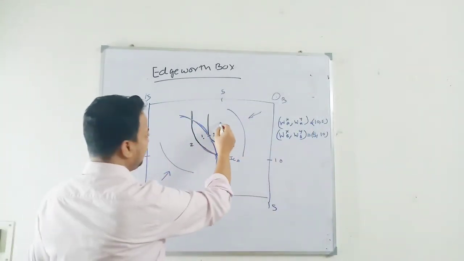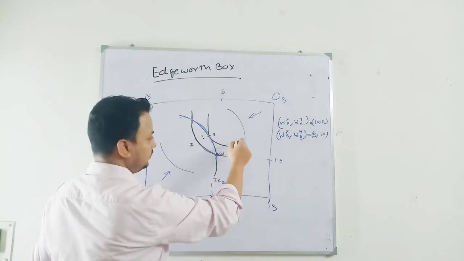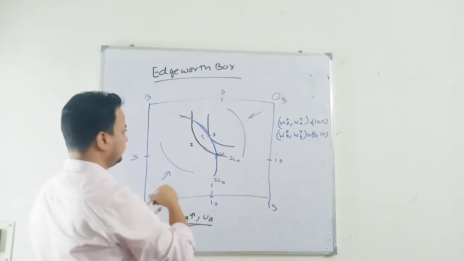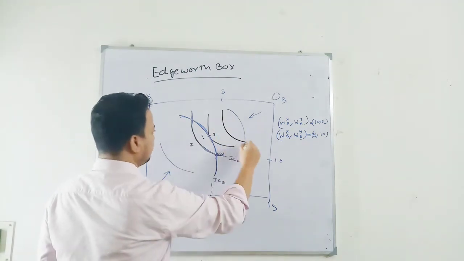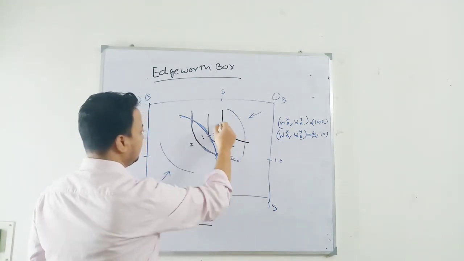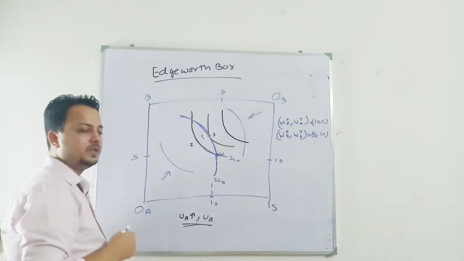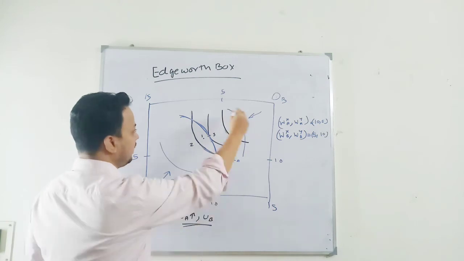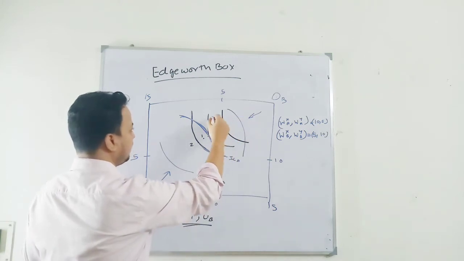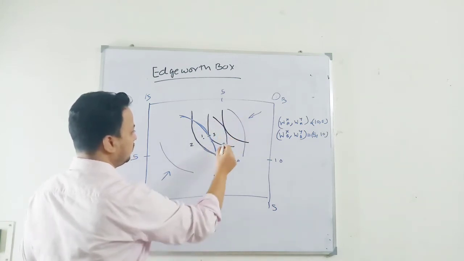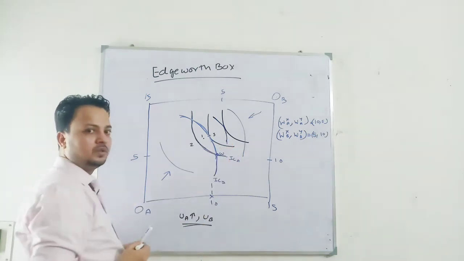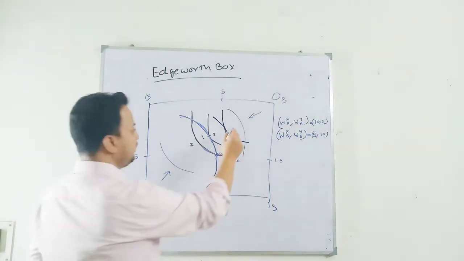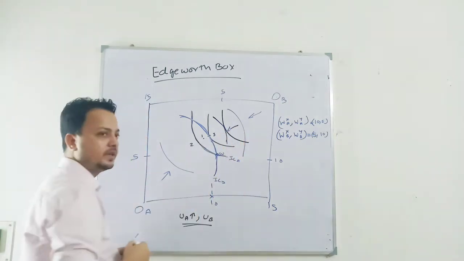So if consumer A wants to move any further, it will be tangent to an indifference curve of B. Suppose here, there is a family of indifference curves of B. In this region, there is no level of satisfaction, because you will be pushed back to maximize your satisfaction.